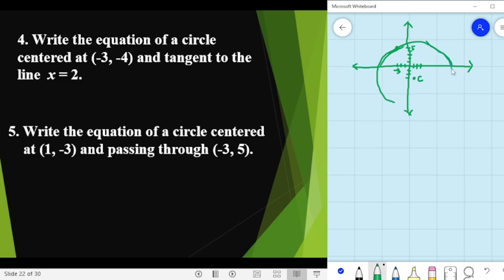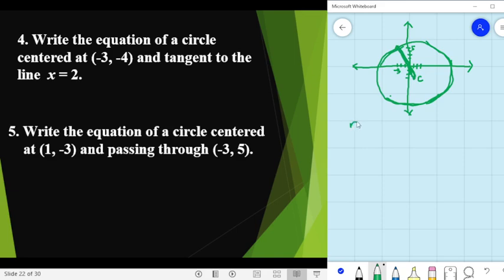Okay, it would be better to use a compass, but since we don't have a compass here, let's just imagine a perfect whole circle. So this is the radius. We are going to find the distance from this point, the point where the circle is passing through, and the center.